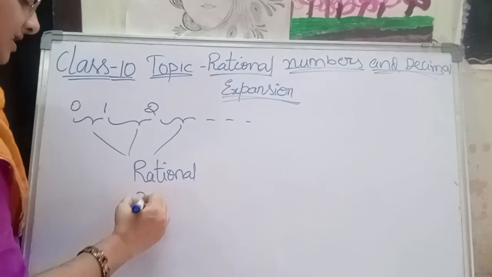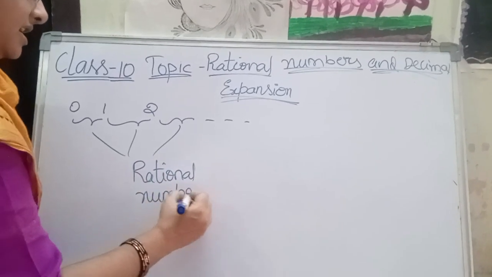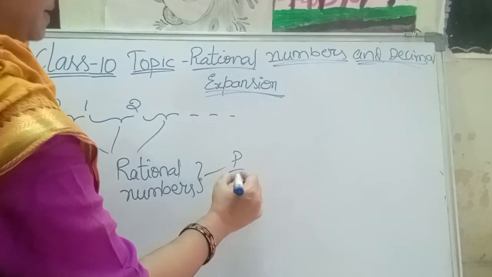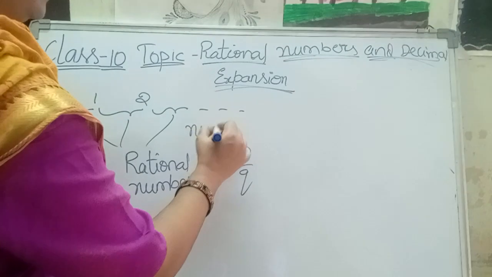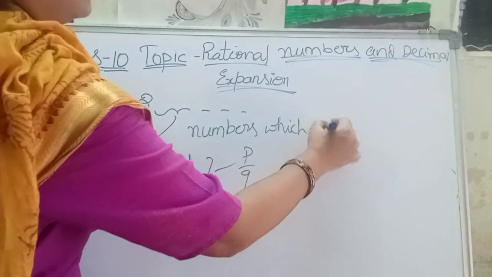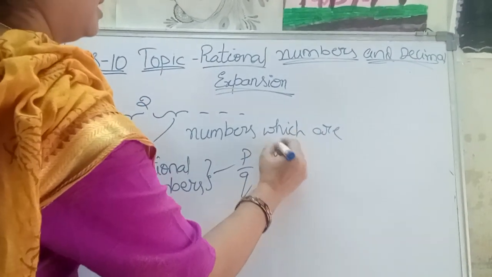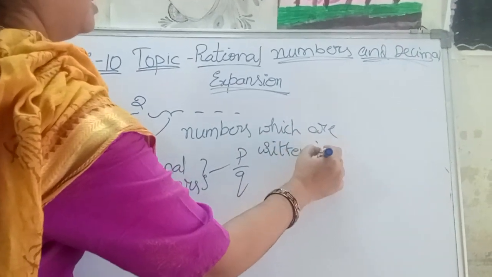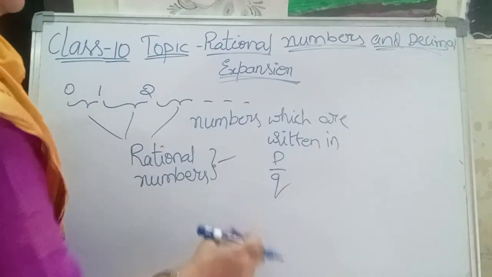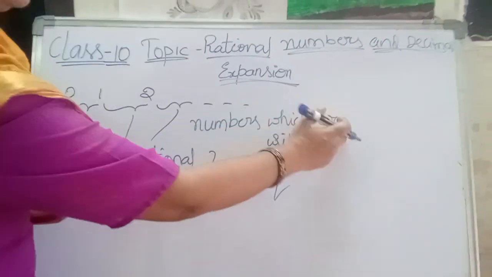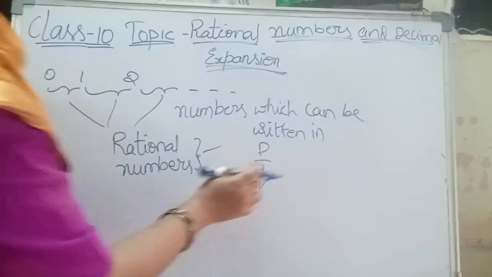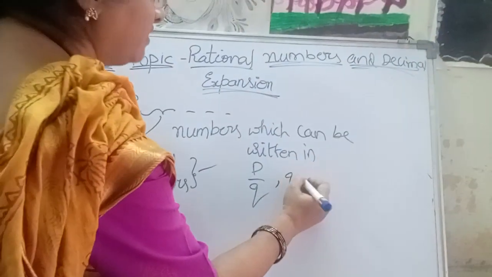Okay? Rational numbers. Rational numbers are nothing but the numbers which are written in the form of p by q. Rational numbers mean numbers which can be written in p by q form, where q is not equal to 0.